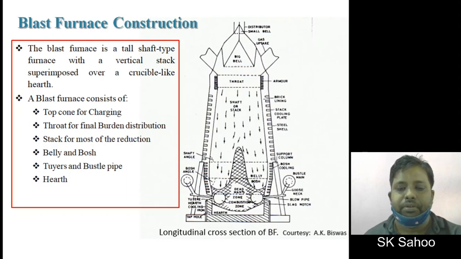At the top, it is a charging device, the top cone for charging, the throat for final burden distribution, the stack for most of the reduction, the belly and bosh region, the high temperature zone, the tuyeres and bustle pipe for gas input and input of blast, and the hearth, the reservoir for metal and slag.